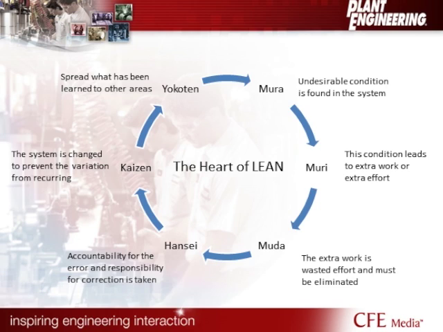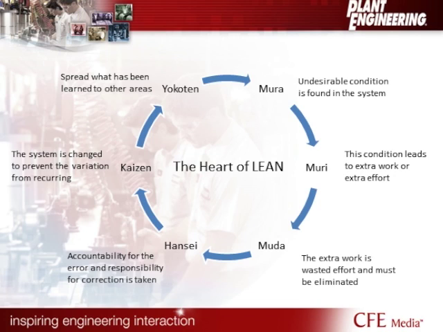Then Muda, the extra work that is wasted effort and must be eliminated. Through Hansei, we can start talking about accountability for removing that error and taking responsibility for the implementation of the correction. Then Kaizen, our idea of preventing that reoccurrence and continuously improving as we move forward. And Yokoten, which is spreading that information out to the rest of the organization.